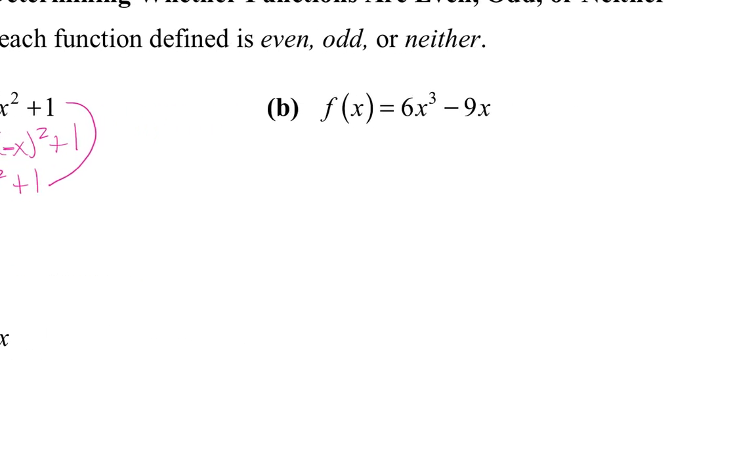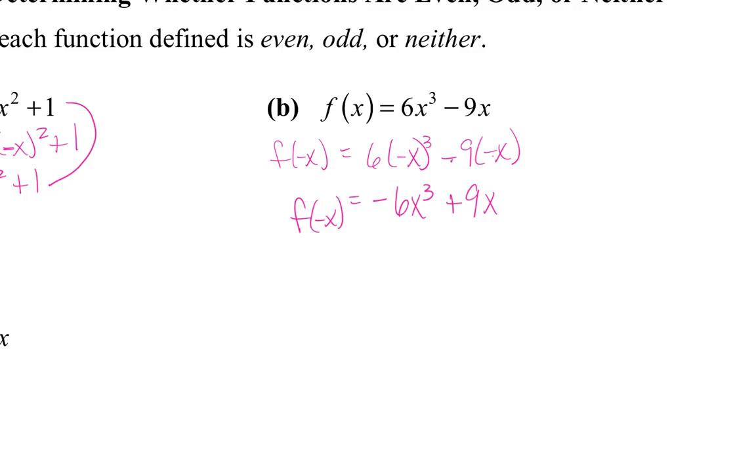So now let's try this one. f of negative x is 6 times negative x cubed minus 9 times negative x. So we get 6, and that's going to be negative; a negative cubed stays negative. So this is actually going to be negative 6x cubed, and a negative times a negative is positive 9x.